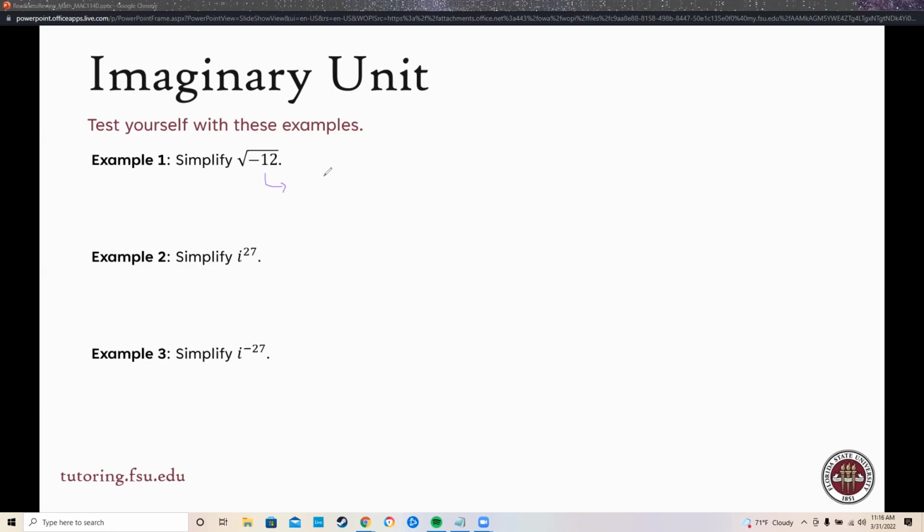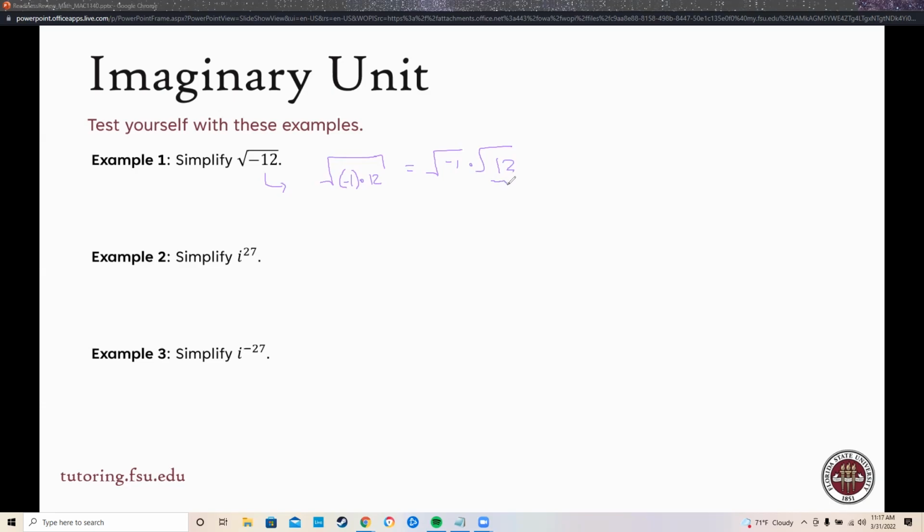Right here, we have the square root of -12, which essentially is the same thing as the square root of -1 times 12. So this would be written like the square root of -1 times the square root of 12.